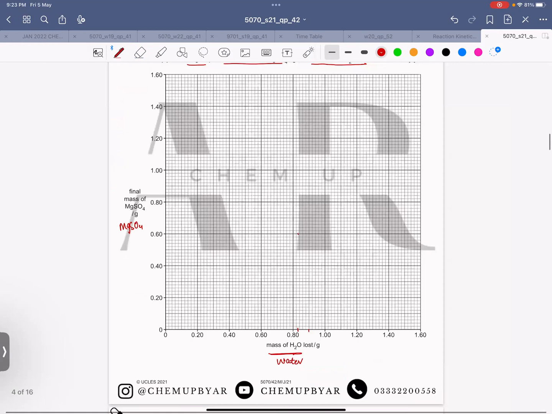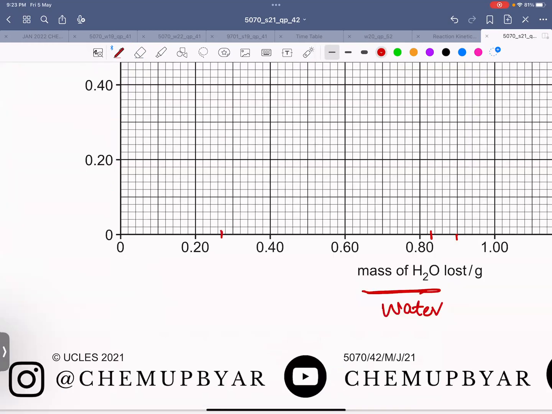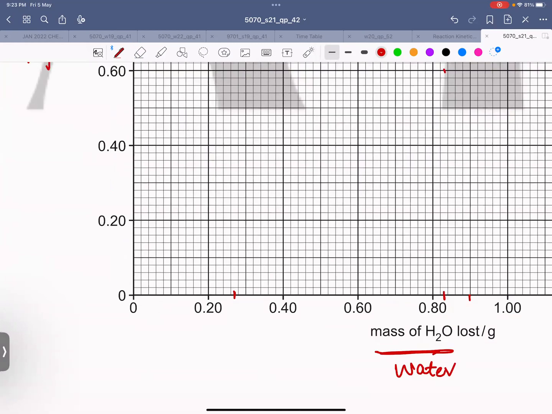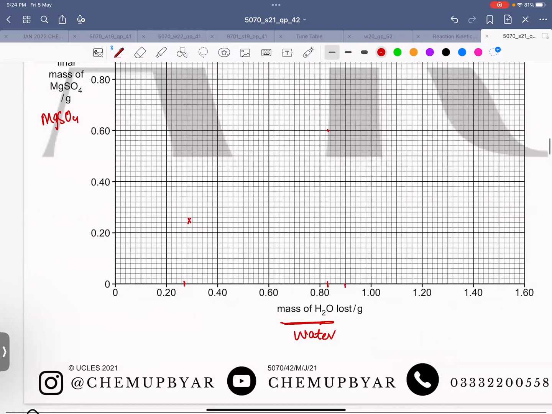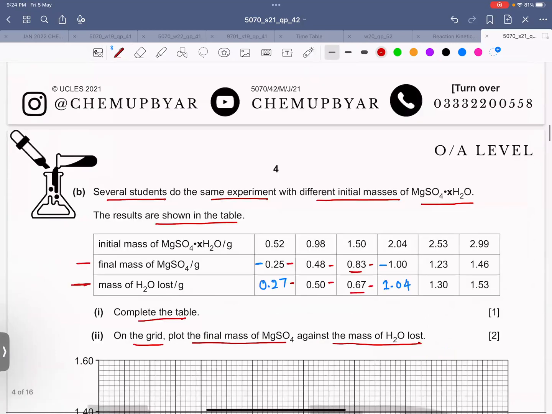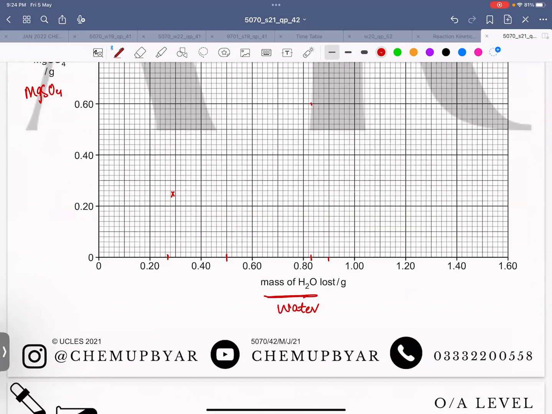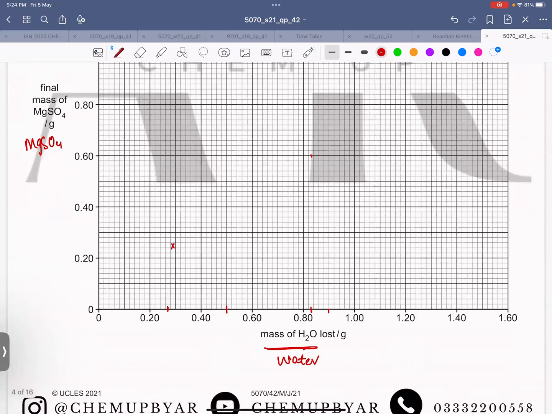So 0.27 would be over here, and 0.25 would be over here. Then 0.50 and 0.48. So 0.50 would be over here, and for 0.48 it would be over here.